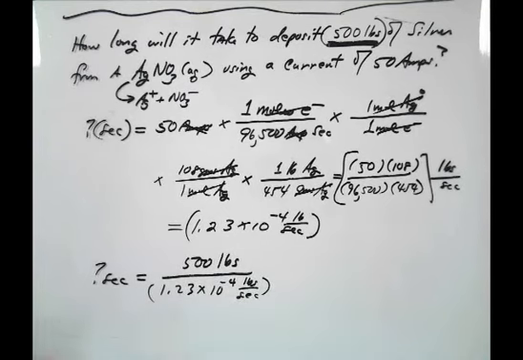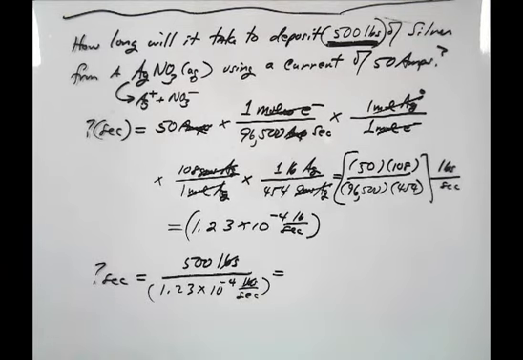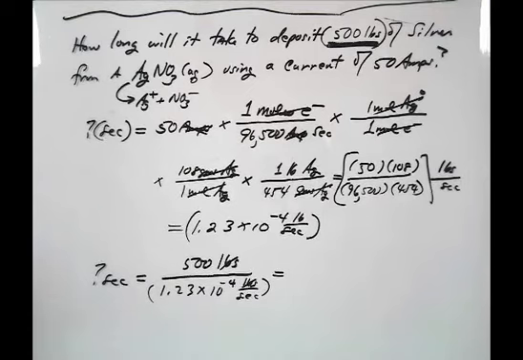Invert and multiply through by the units. The pounds will drop out, and this will tell you the number of seconds. See how I chose that? I chose it so that the time frame would come out right. You couldn't get a time any other way.